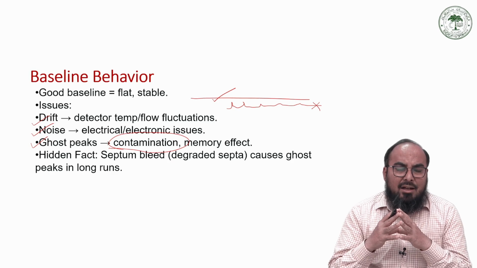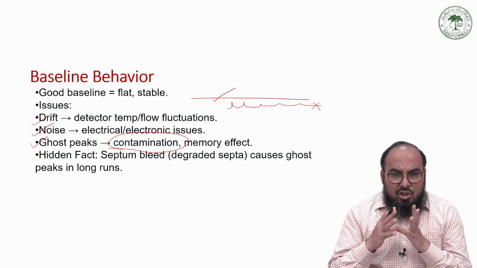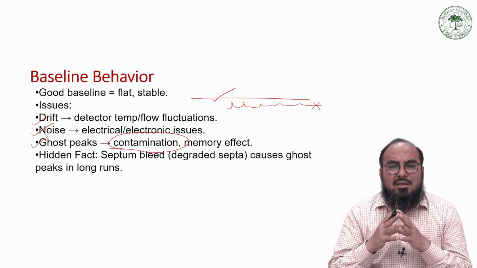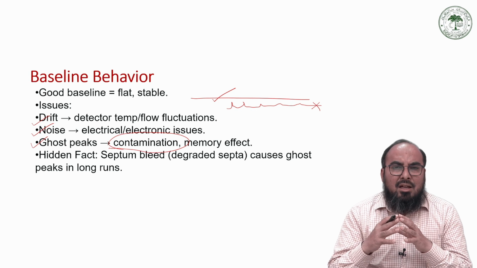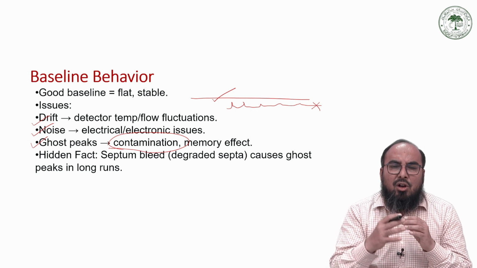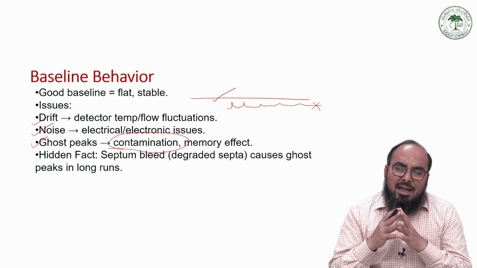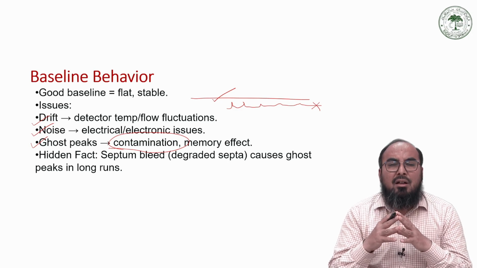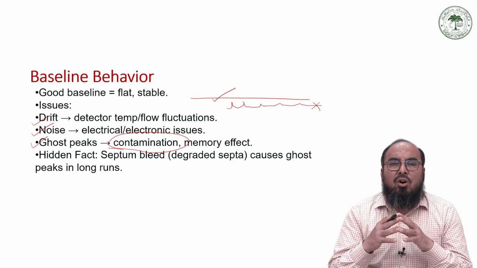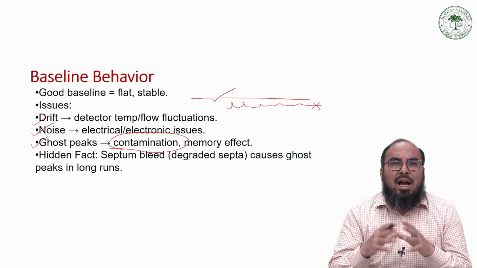We have to check that your columns, the stationary phase packed columns, are working fine. That is, temperature is not too high. Otherwise, if temperature is too high, then the stationary phase will also start eluting with your sample. So you have to check for the bleed of the septum and the bleed of the column as well, so that you can avoid the ghost peaks or unidentified peaks or unclaimed peaks.